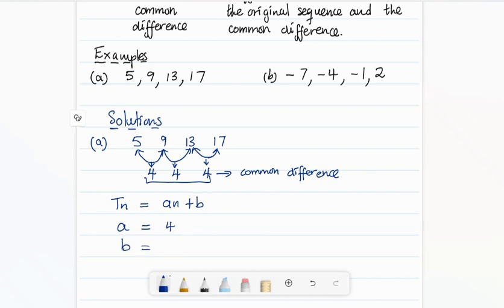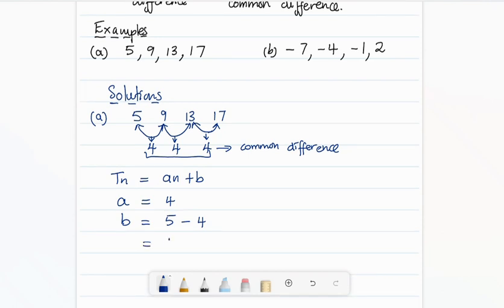And then for us to get b, we say b is equal to the first term of the original sequence, which is 5, minus the common difference, which is 4. So that means our answer is equal to 1. So this implies that the nth term is equal to 4n + 1.